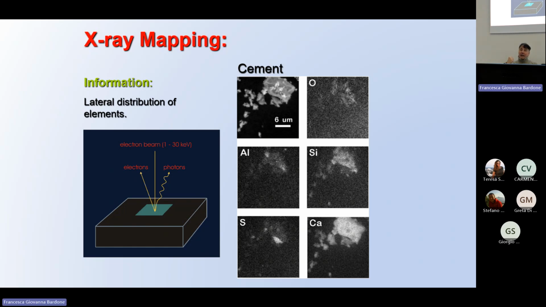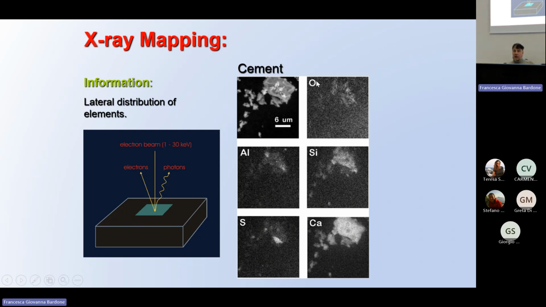But if you want the chemistry, you need to switch on the X-ray detector. You switch on the X-ray detector, and at the same time, when you are acquiring the image of the morphology, the detector tells you which types of elements are present and where these elements come from.